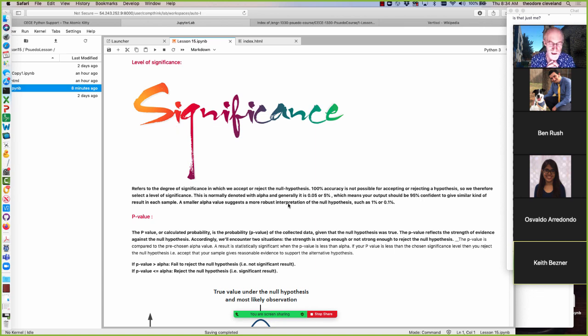So significance in the data science sense refers to that level of probability at which we declare things are the same and things are different.